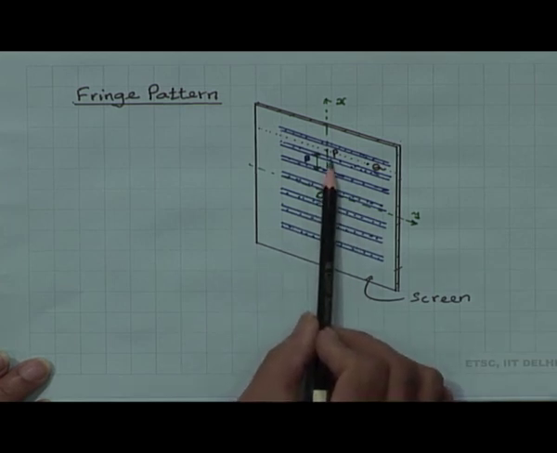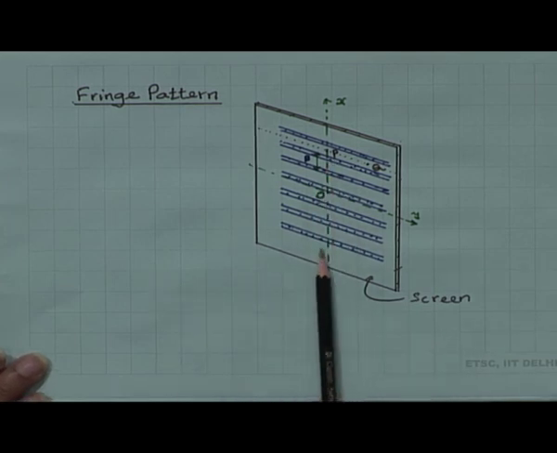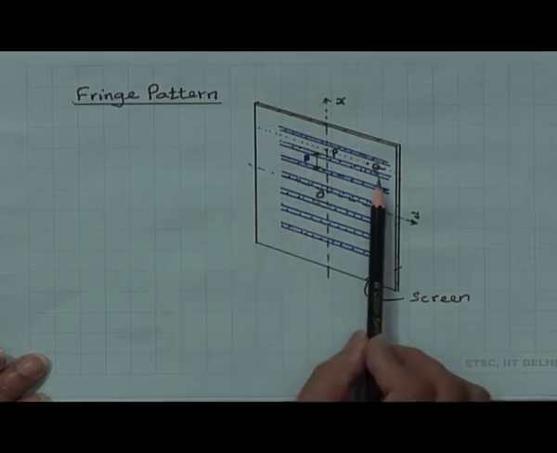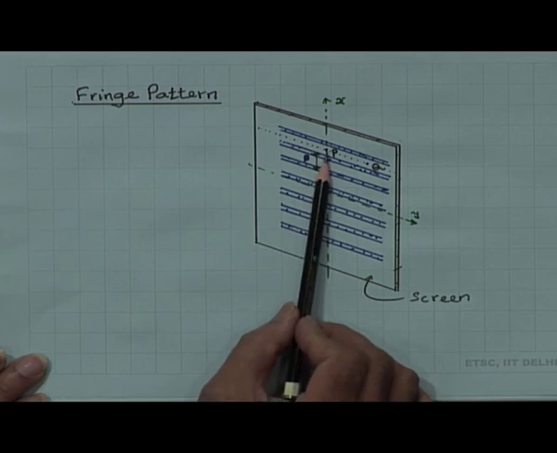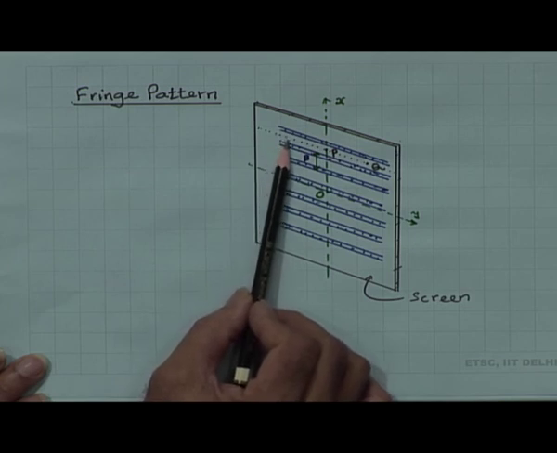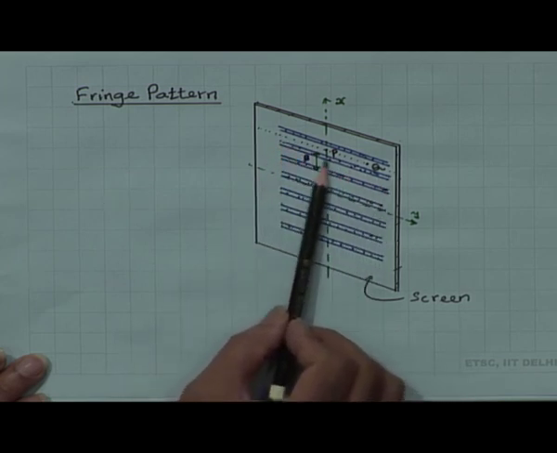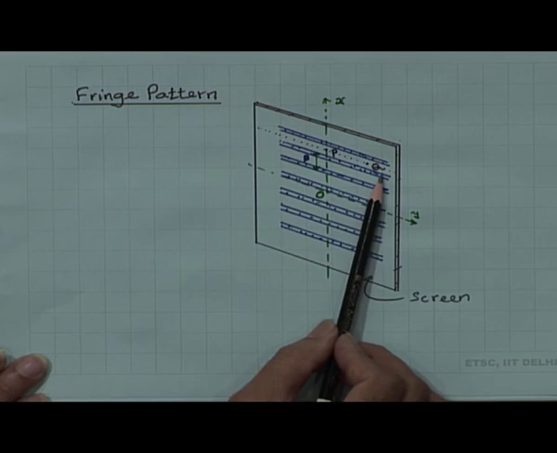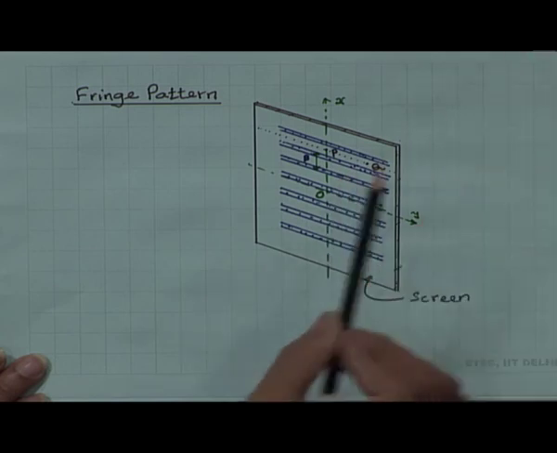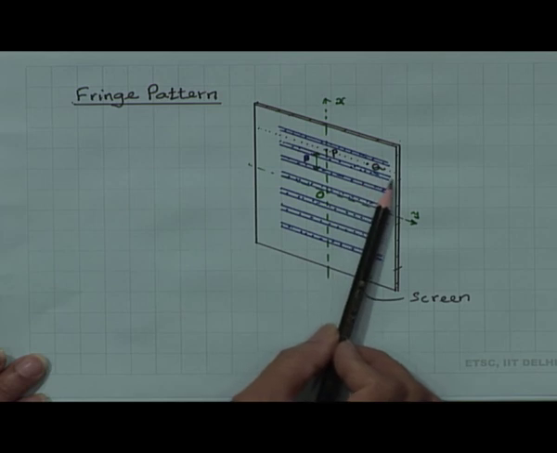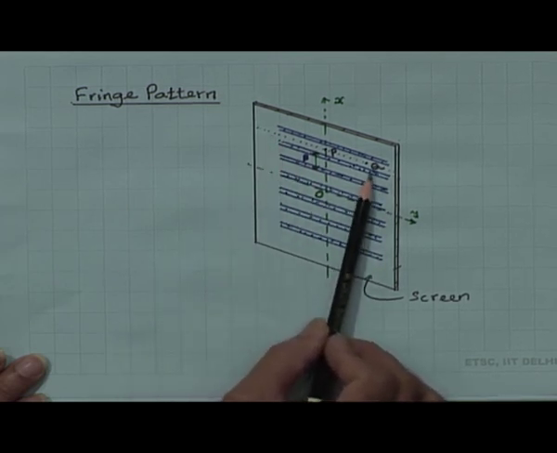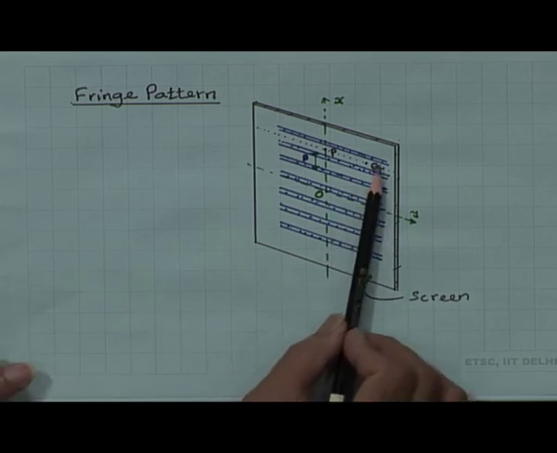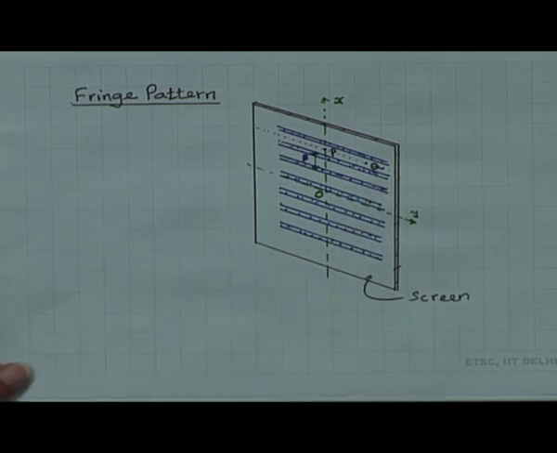Now, I have shown in this diagram the point P, which is on the x axis, and an arbitrary point Q. If P is a bright point or intensity maximum, then all along that line the intensity will be maximum, because we have just seen that x equal to constant corresponds to the locus of all points that are bright or dark depending on the delta value.